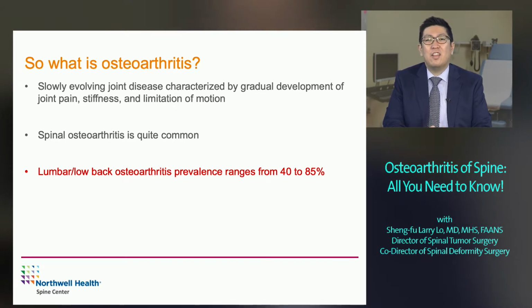And it turns out that spinal osteoarthritis is quite common. If you look at the prevalence of lumbar or low back osteoarthritis, the estimates range from 40 to 85%, meaning that at any given point, 40 to 85% of the general population actually has symptomatic low back osteoarthritis or low back pain.